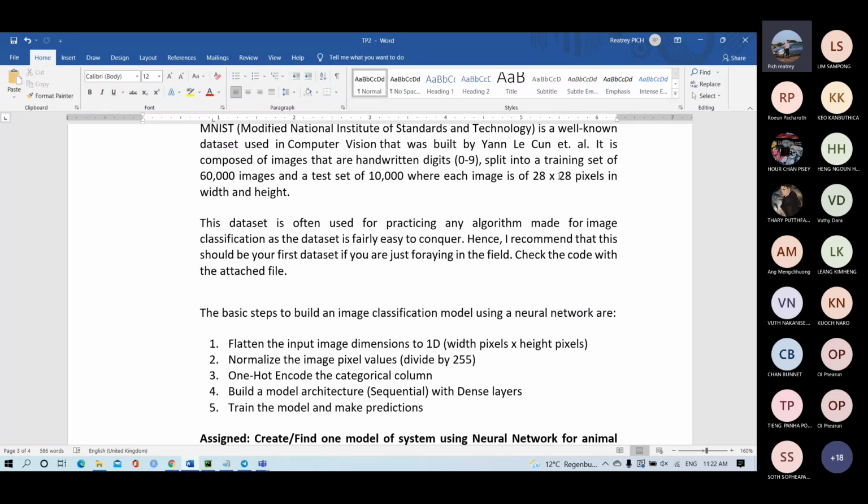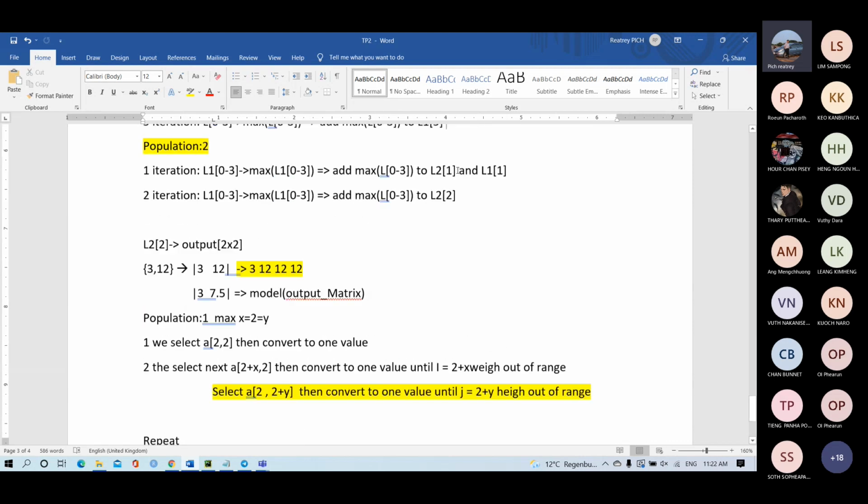After you convert it and get the result, the new data is less than or equal to 28 multiplied by 28. So you pick up that data and adjust it again to be equal to 28 multiplied by 28.